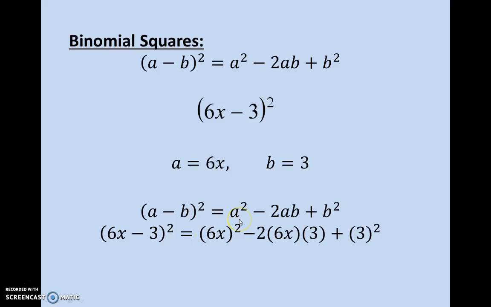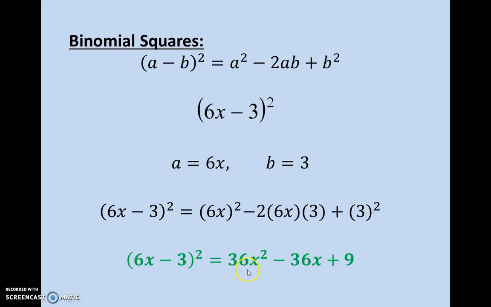So we take the a squared term, and of course a is replaced with 6x, that will be squared. Then 2 times the a times the b, so it's actually negative 2 times the a term, which is 6x, times the b term, which is 3. And then, of course, the b term squared, which is 3 squared. So in the end, what we will get is 36x squared minus 36x plus 9.